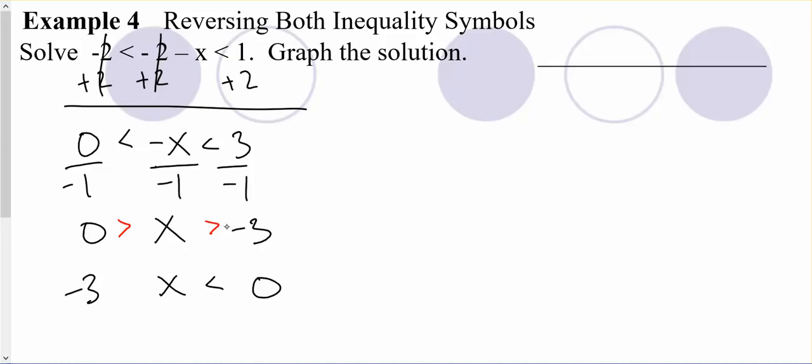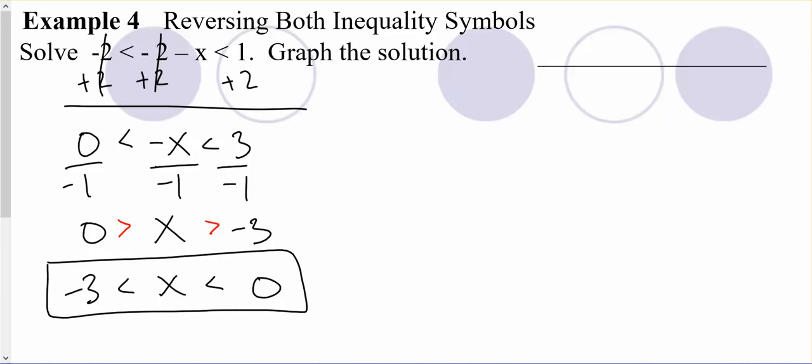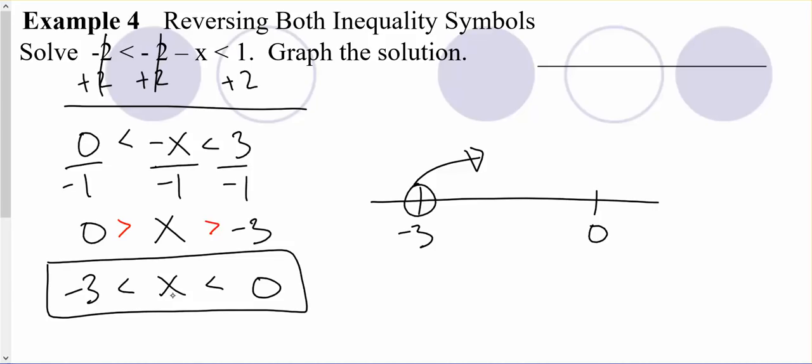Between the negative 3 and the x, we were eating the x, so I'm going to go back and eat the x. And now we'll graph it like this. Our numbers are negative 3 and 0. We are all real numbers greater than negative 3, so that's an open circle, greater than, goes to the right, and less than 0. The important thing when we divide by a negative is that we are reversing the inequality symbol and then rewriting it from lowest integer to highest integer.